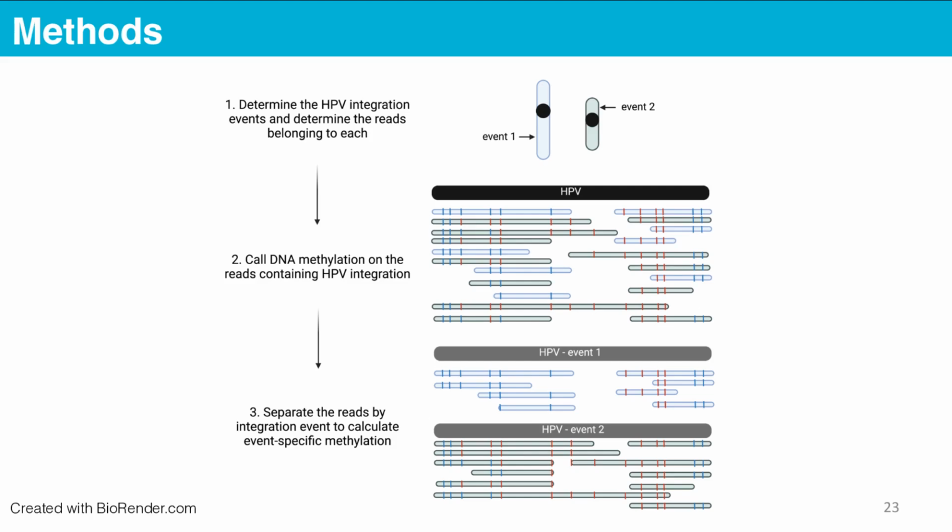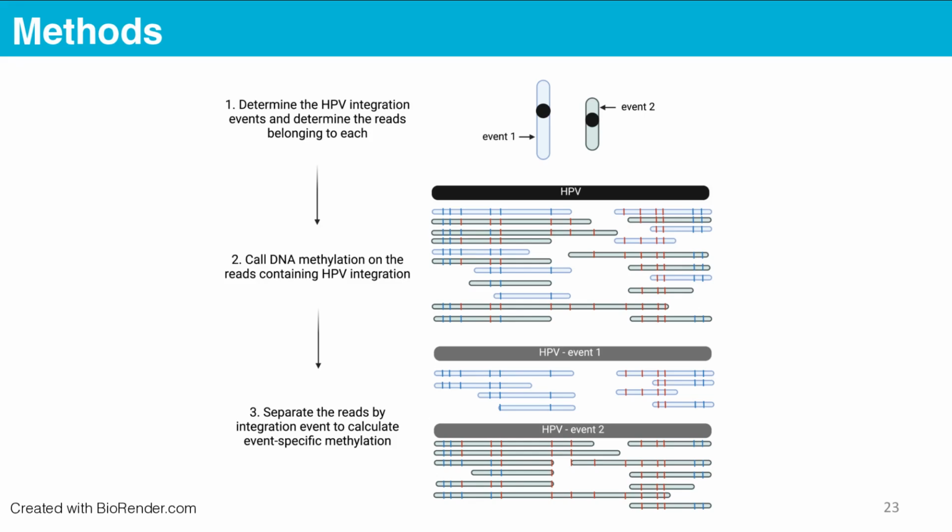So to do this, I'll explain that in those samples where there's more than one integration event, this basically means the HPV genome has duplicates across the genome. So the sequence is identical, so the reads would pile up on each other. So we have to separate them out in order to look at the methylation of one event versus another event.